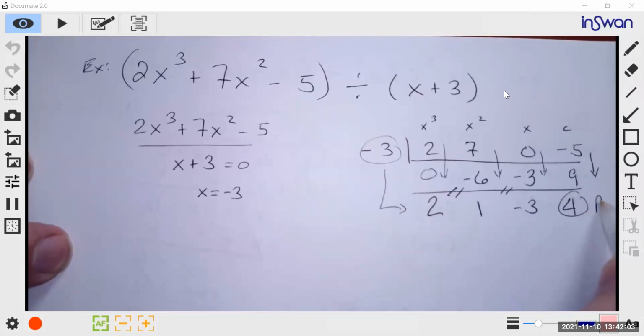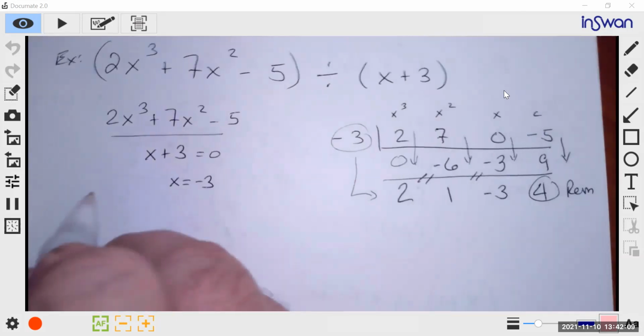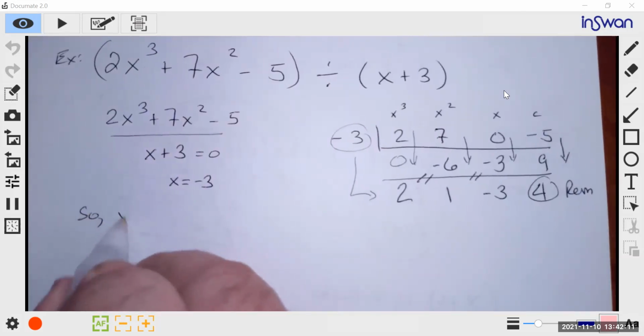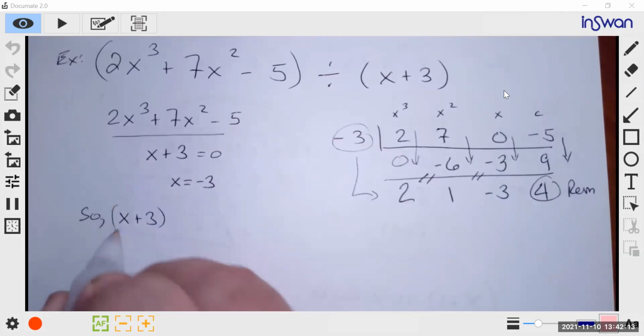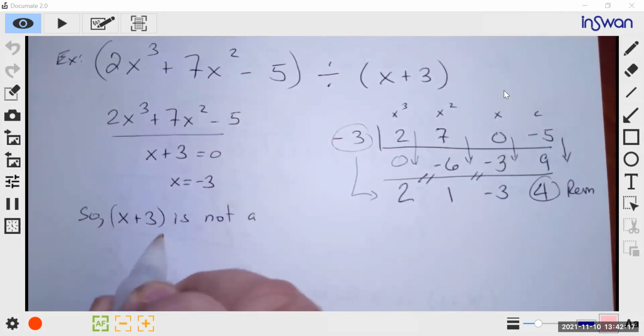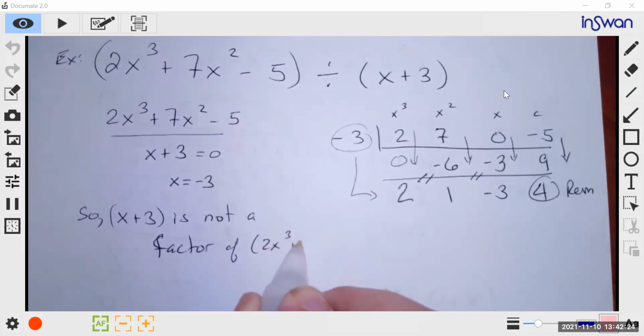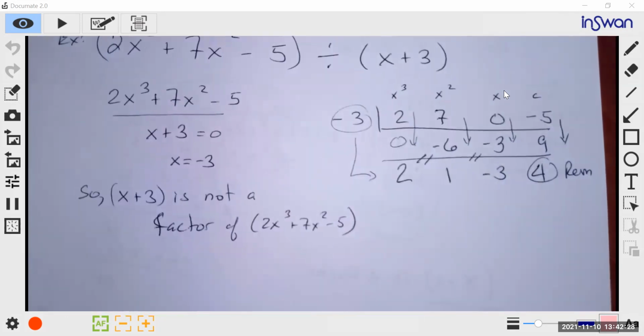There's your remainder. So x plus 3 is not a factor of the numerator, because it's not 0.